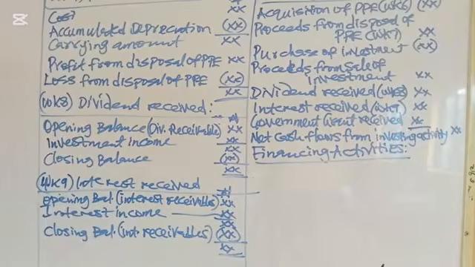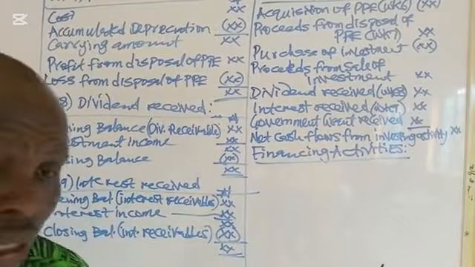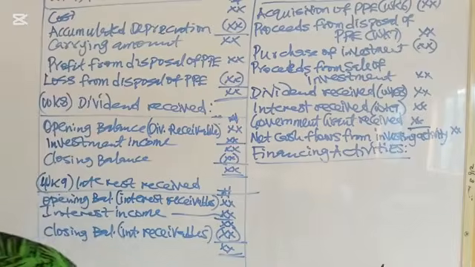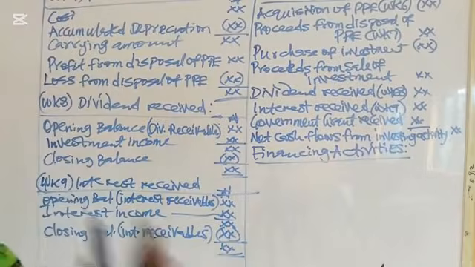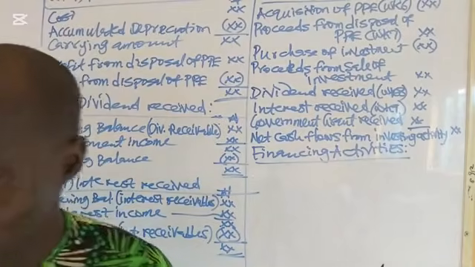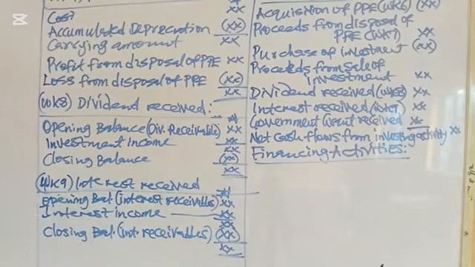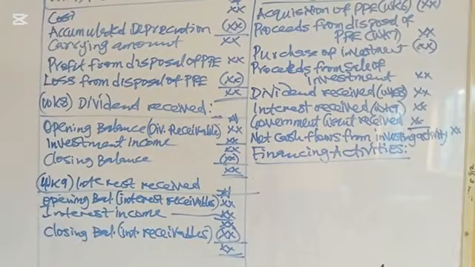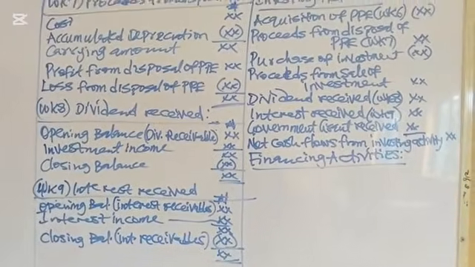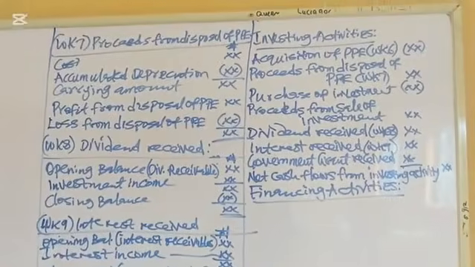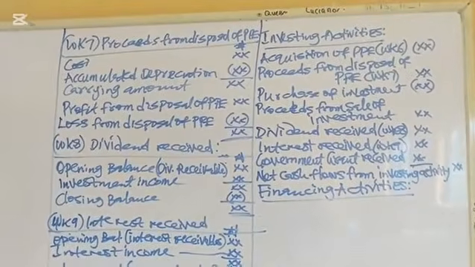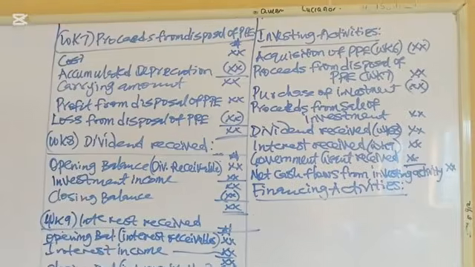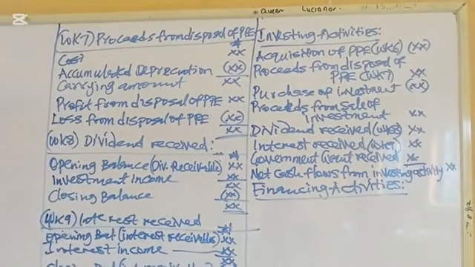From that definition, you agree with me that every business has two major sources of finance. So the sources of finance are what? Equity and debt. So when you get to this section of the statement of cash flows, you should always check the movement in equity and borrowings.